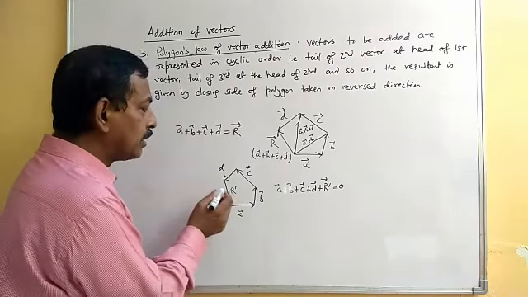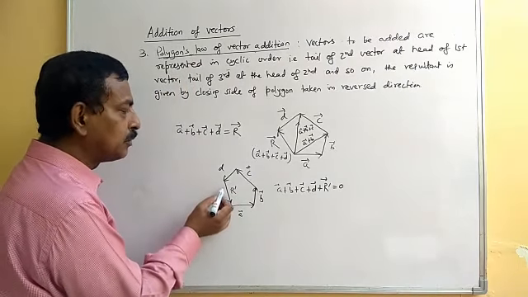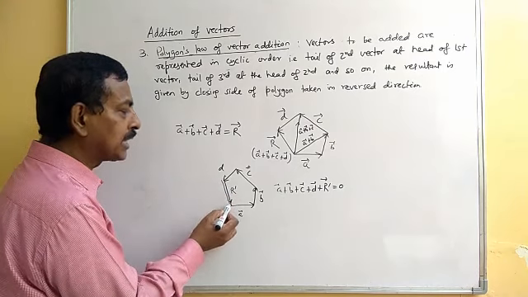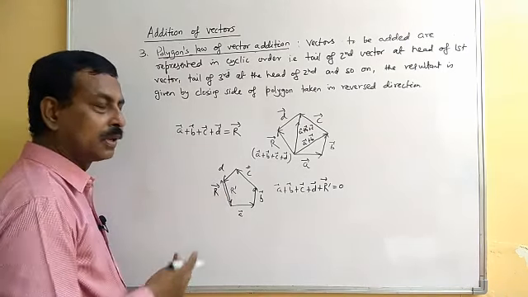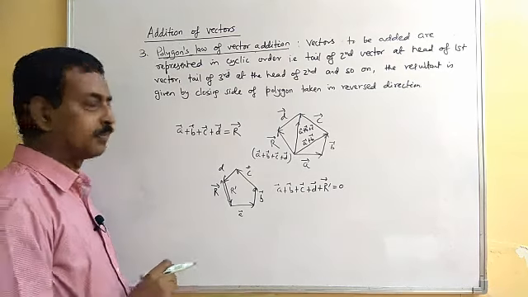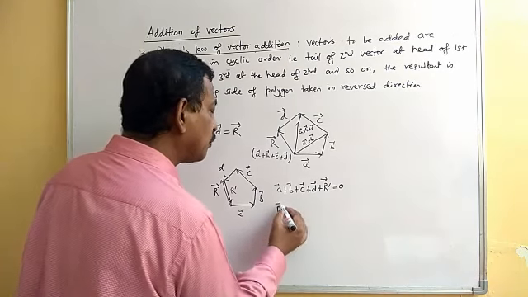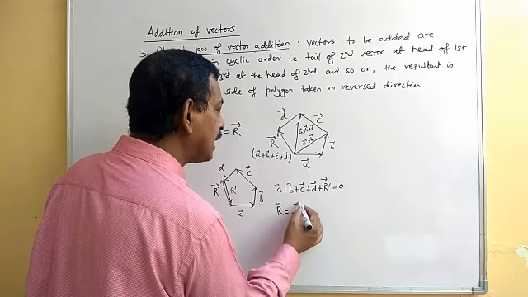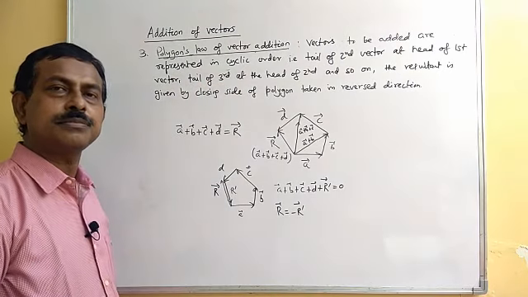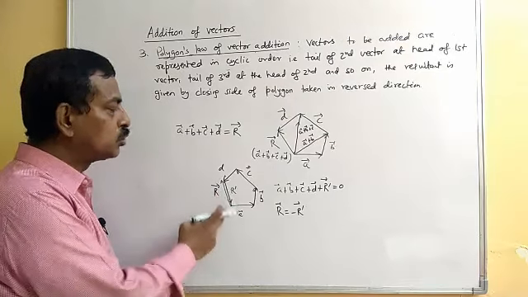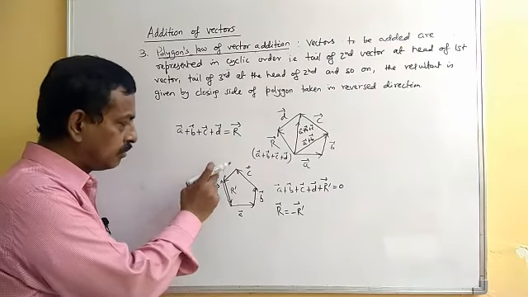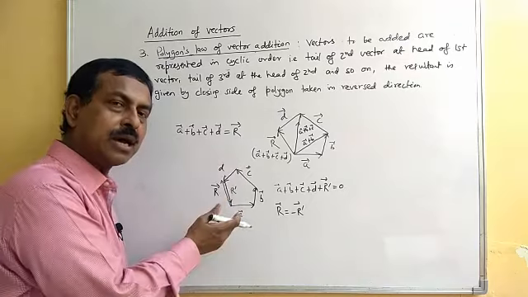So here, R dash was the closing side of the polygon but taken in the same direction. If I take the vector R, which is in reverse direction, that means vector R will be equal to minus R dash vector, because the two are of the same magnitude but in opposite direction.